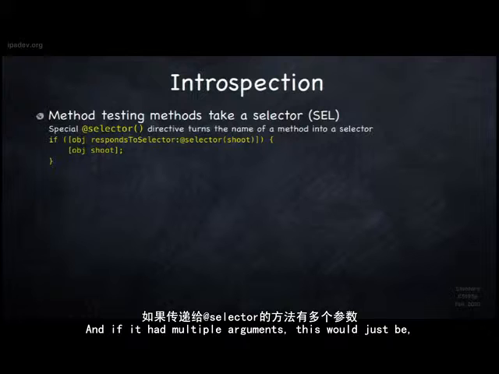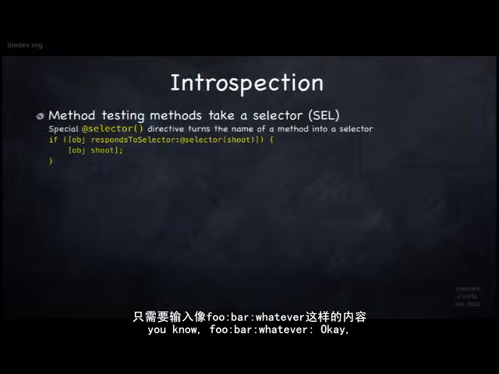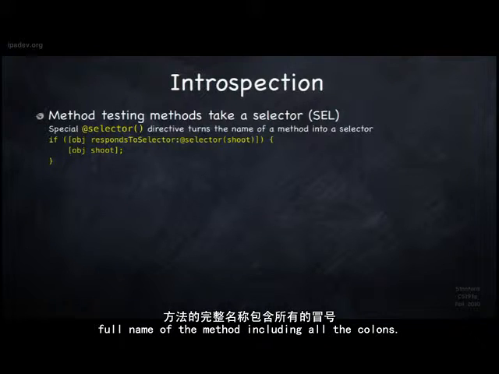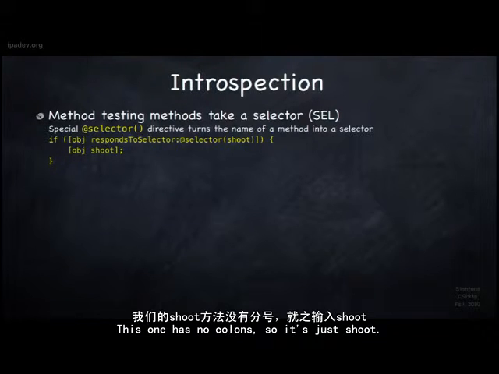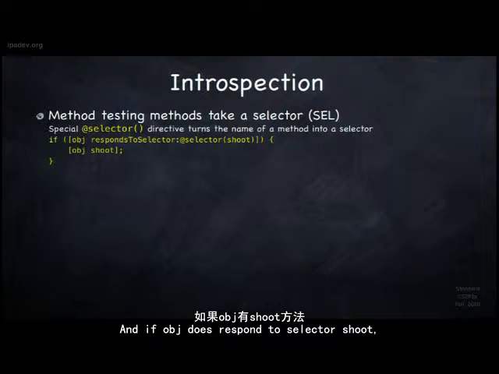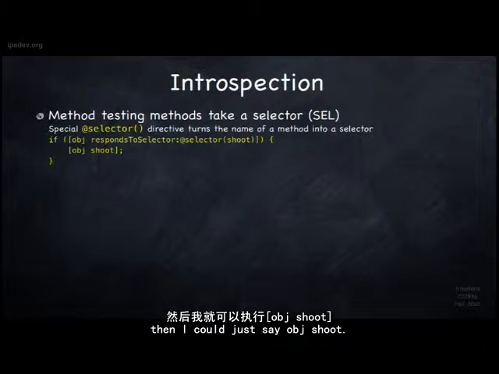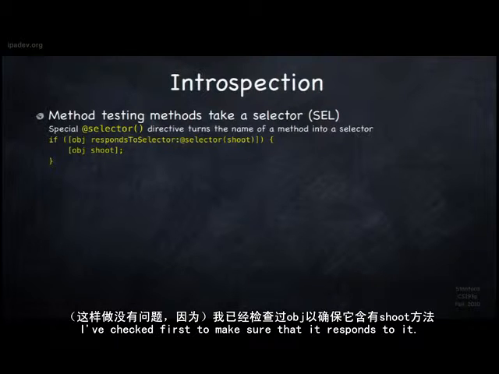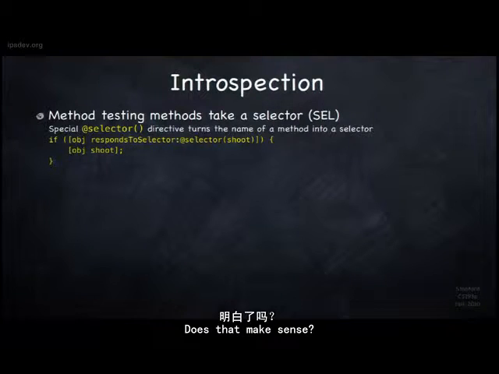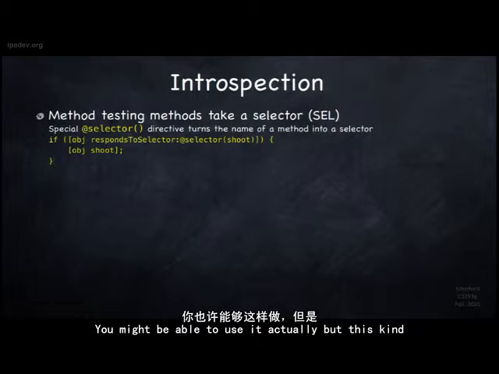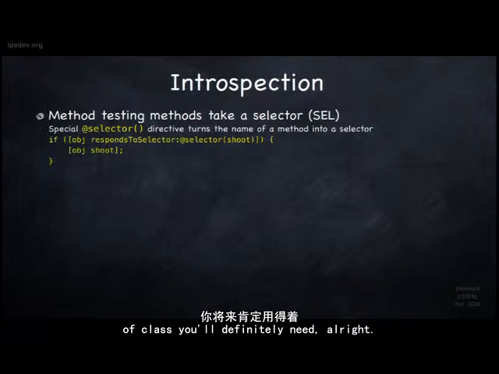If it had multiple arguments, this would be something like foo:bar:whatever:, the full name of the method including all the colons. This one has no colon, so it's just shoot. And if obj does respond to selector shoot, then I can just say [obj shoot], because I've checked first to make sure that it responds to it. Does that make sense? You probably won't need this one for your assignment. You might be able to use it actually, but this kind of class check you'll definitely need.